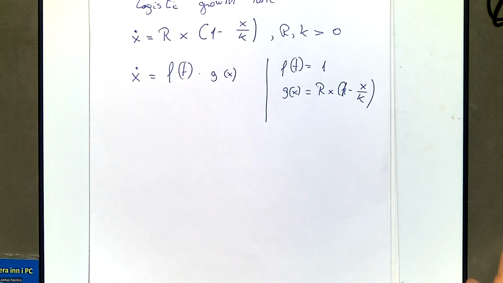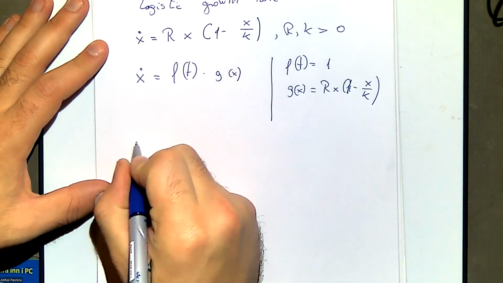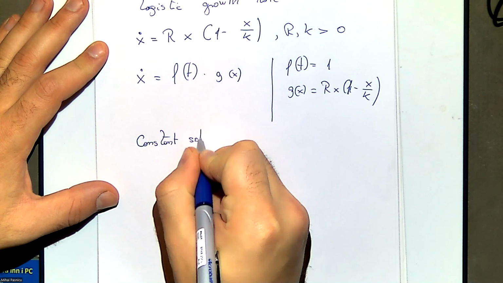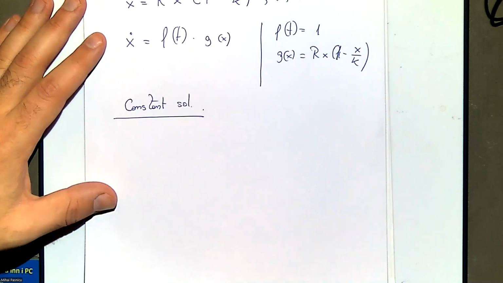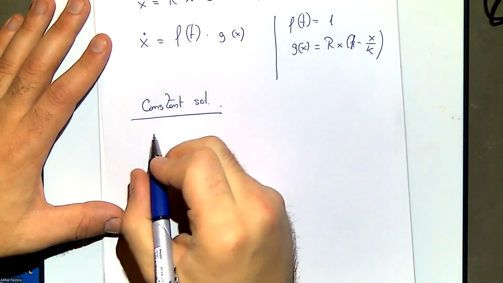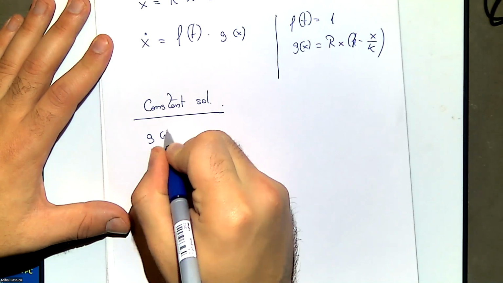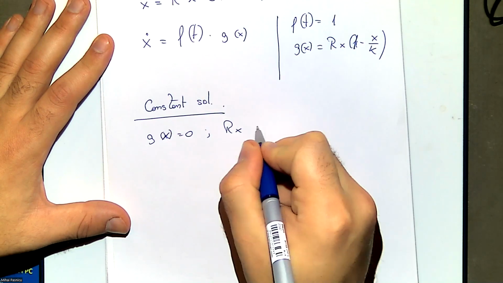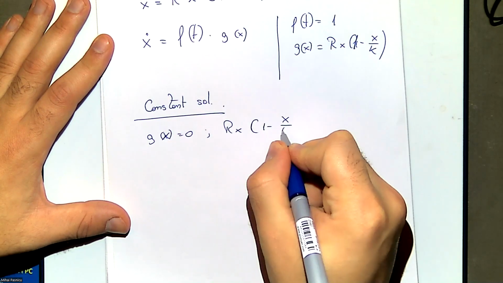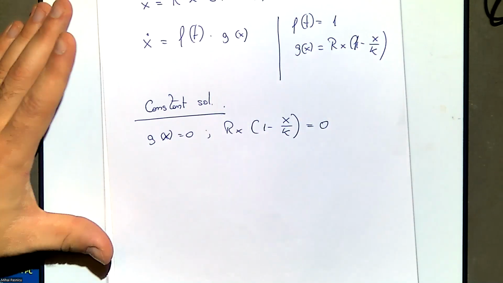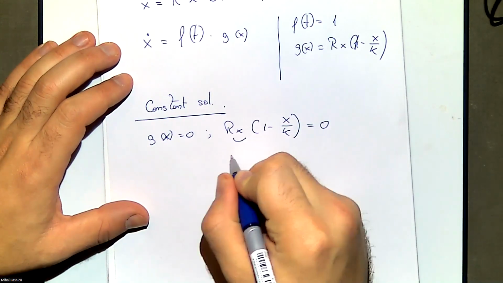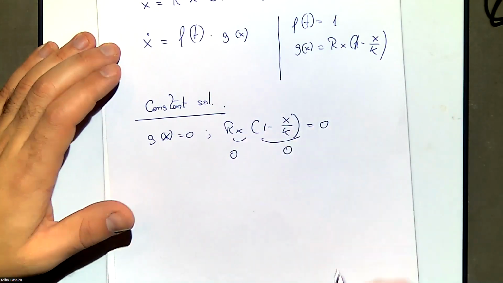Before we move on, I've got to take the constant solution, which is g of x is equal to 0. So r x times 1 minus x over k is equal to 0. And in this case, either this is 0 or this is 0.